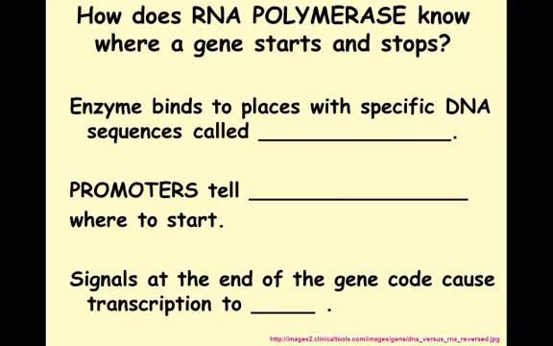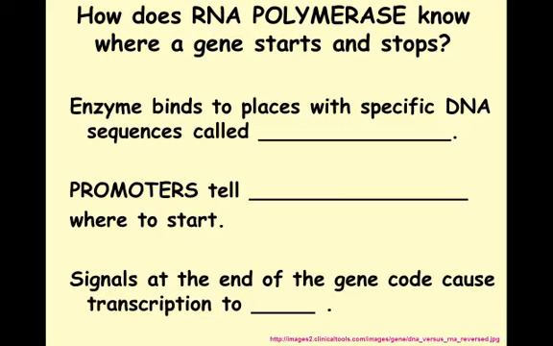Think of them like boxcars on a train. And so the RNA polymerase, if it wants to make a copy off of one little segment of DNA to make a message from one gene, it has to have some directions about where to start and where to stop. Where does one gene start, and then where does it end, and then where does the next gene start?